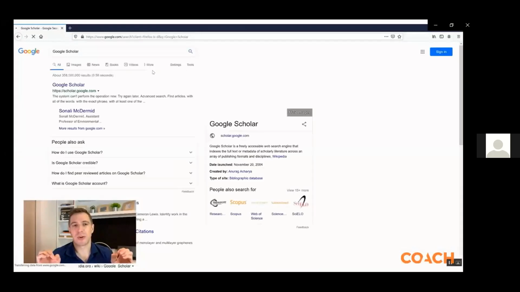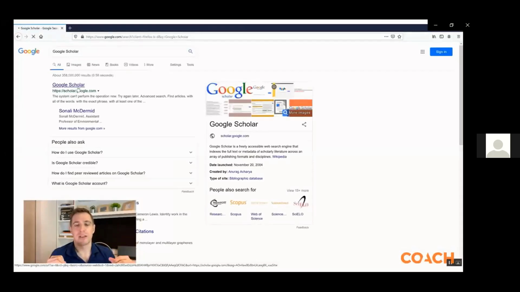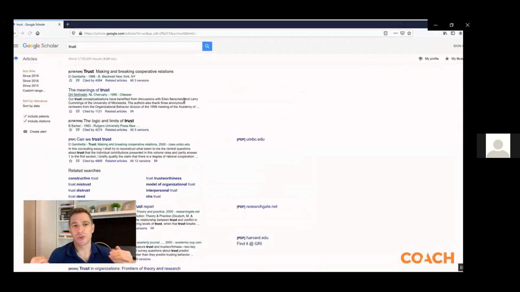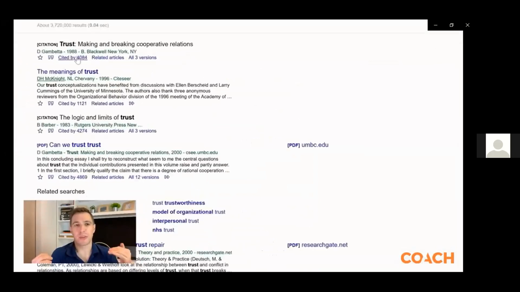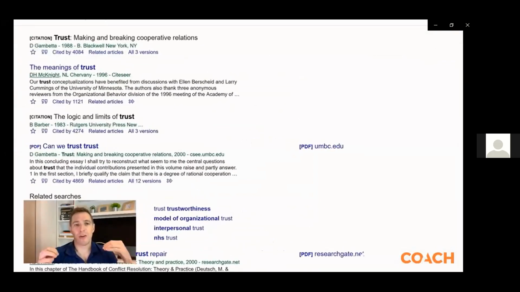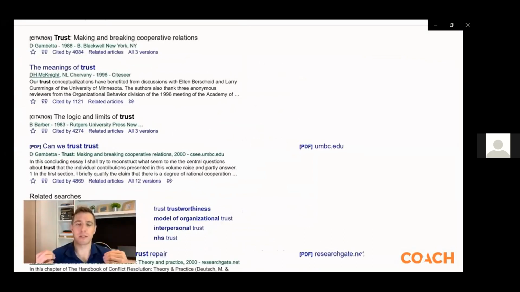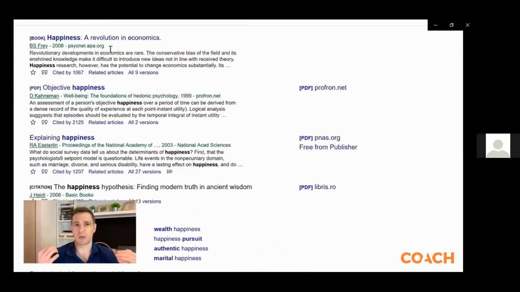Google Scholar is really great for getting that initial idea of what is the literature that's out there. What also makes Google Scholar really awesome is that they show the citation data. So in other words, how often has any particular journal article been cited? This gives you a good idea of the authority and the credibility of any given article.